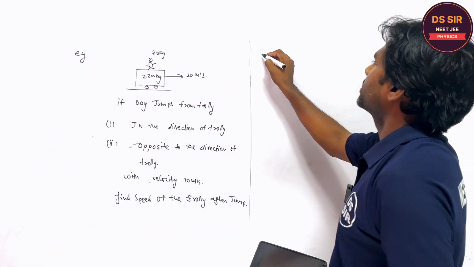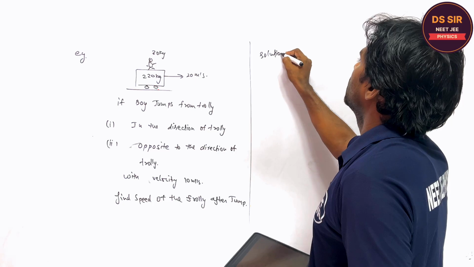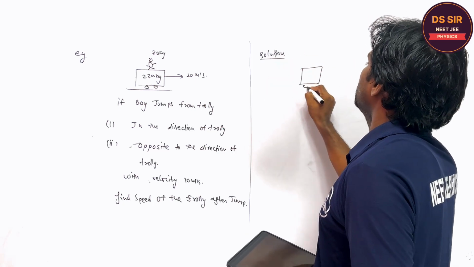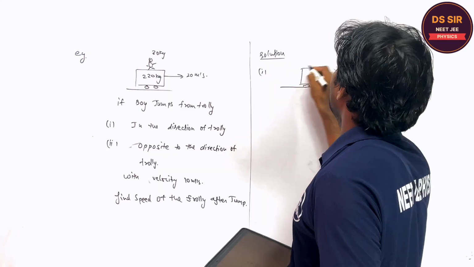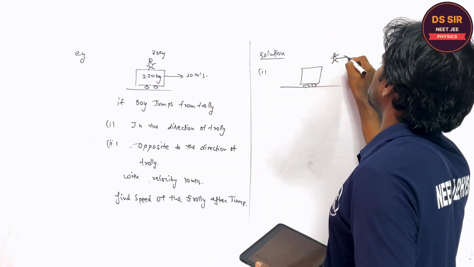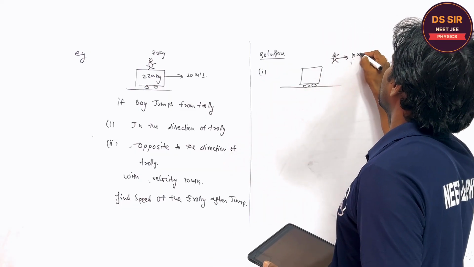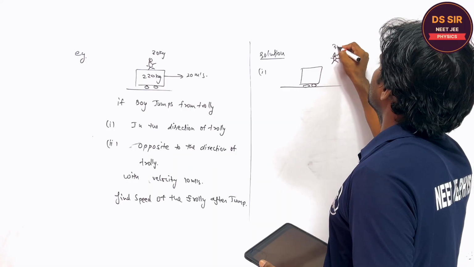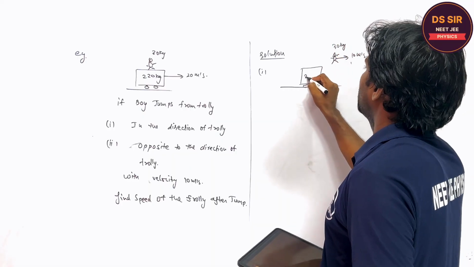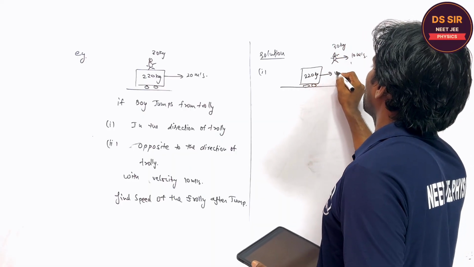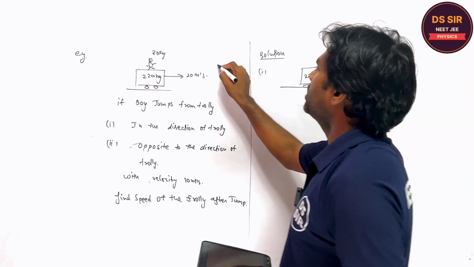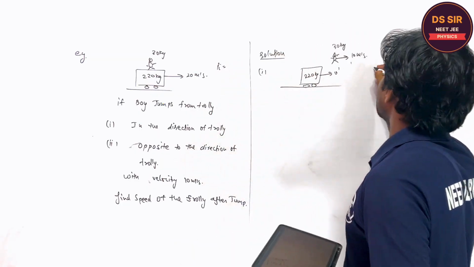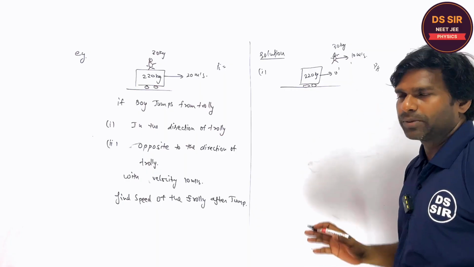So in this case, although this is the initial momentum, first case in the direction of the trolley, if the person jumps with the speed 10 meter per second, this is 30 kg and the speed of this trolley becomes v dash. All right, v dash.